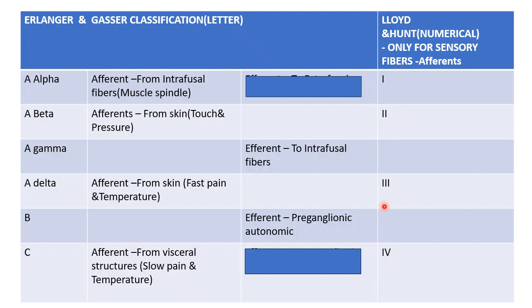So 1, 2, 3, 4 are all equated with the afferents of the Erlanger-Gasser classification. So it's very easy to equate and remember the Erlanger-Gasser classification and the Lloyd and Hunt numerical classification. So this is, in a nutshell, the nerve fiber classification.